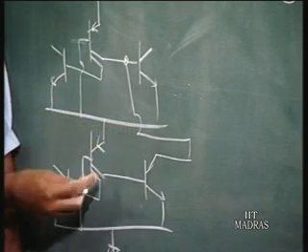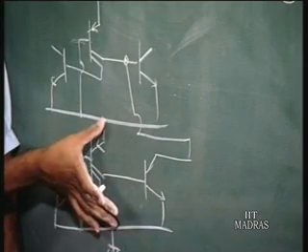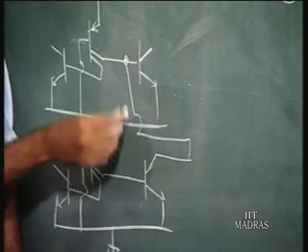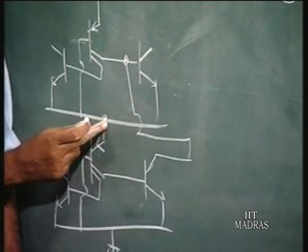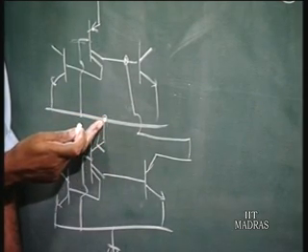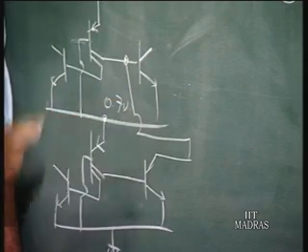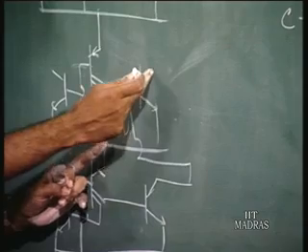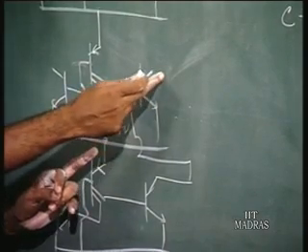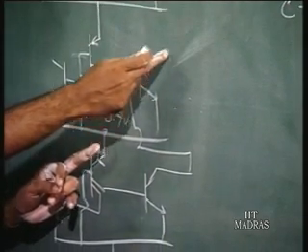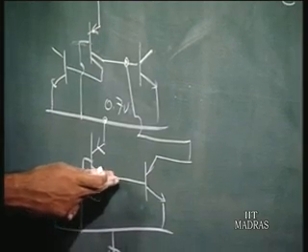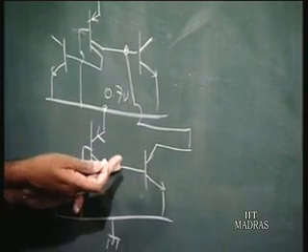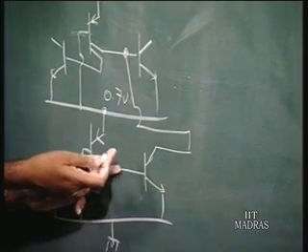Because if you assume that the voltage levels are shifted by 0.7 volts, and here at the emitter of the second level this voltage is 0.7 volts, and when this transistor goes to saturation, the collector emitter drop is 0.2 volts, so it is 0.9 volts. If you feed it as the base of this, you expect this transistor to be cut off, but 0.9 volts is not going to cut off that transistor.